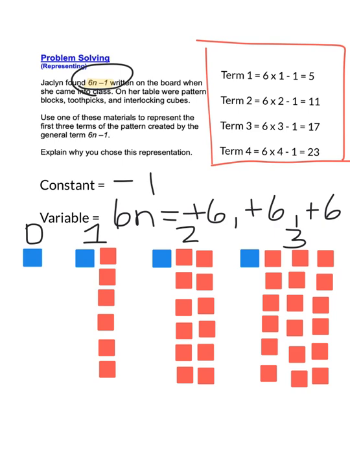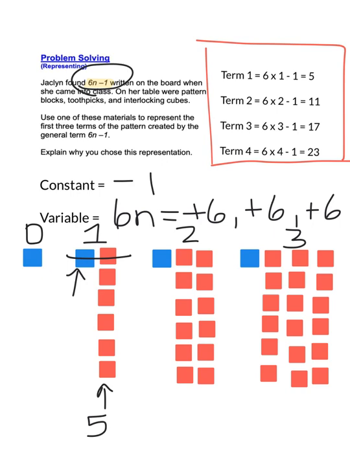So in term 1, to give myself my constant of take away 1, or negative 1, with my blue and my variable of adding 6 each time, I've got 1 blue tile and 6 red. Now, if I recall the zero principle that we did earlier this year, these two tiles cancel each other out, and what I'm left with is a value of 5.